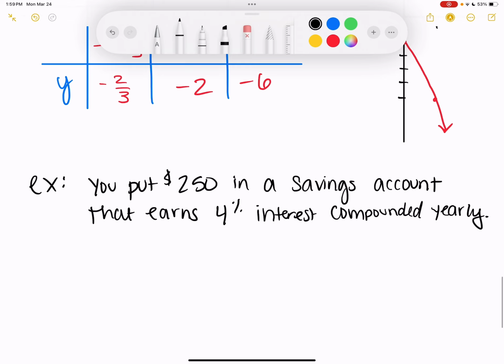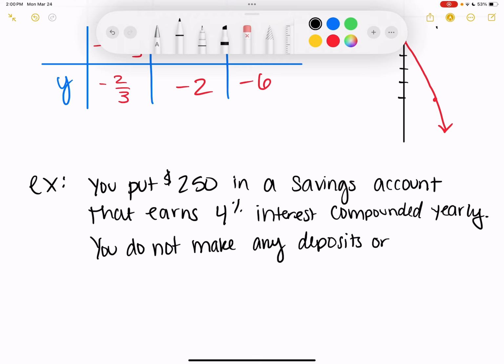So again, right now this is all that we have the formula for. Later on in math, you'll have it if it's compounded more often, which most banks are, at least 4 times a year, but sometimes more. Anyways, you do not make any deposits or withdrawals, so we don't add or take away any money from our account.